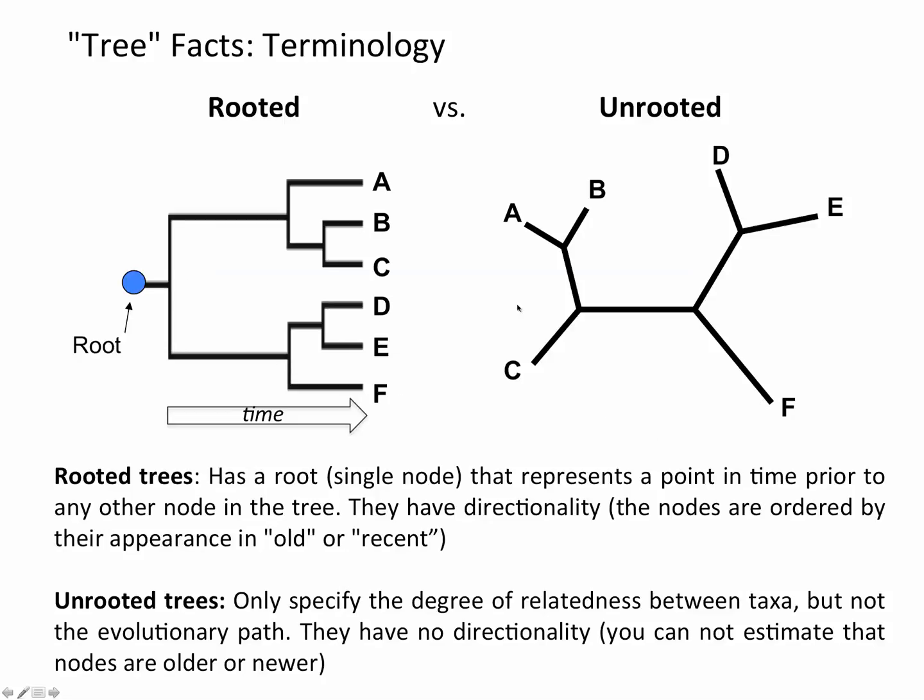Unrooted trees, on the other hand, only specify the degree of relatedness between the taxa, but not the evolutionary path. They have no directionality, so you cannot estimate which nodes are older or newer.